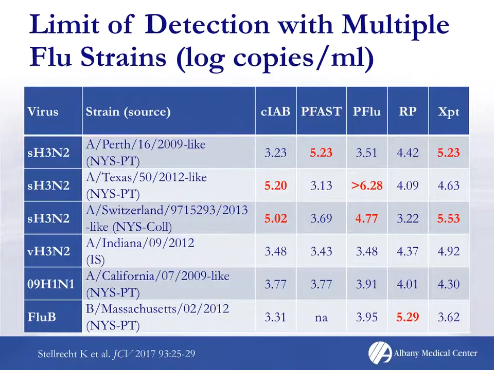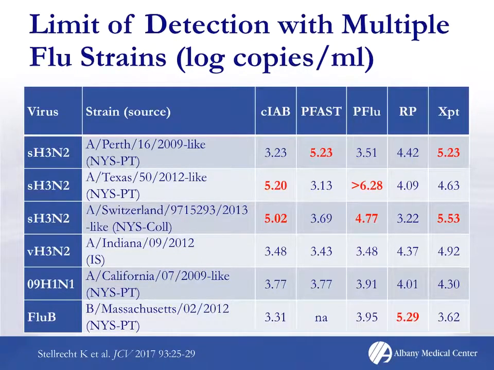Again, the cobas, ProFlu, and the eXpert had problems with these viruses, and all the assays were fine with the variant. Judy Lovchek from the Indiana State Health Department provided me with a variant H3N2 isolate, and then also just using a typical pandemic H1N1 virus, all the assays worked well.